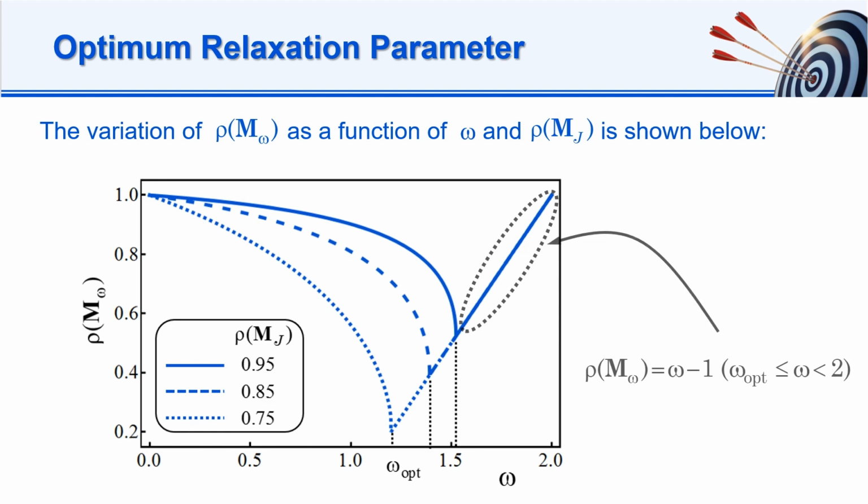Beyond a certain point, the spectral radius starts to increase again, meaning that the method is no longer improving convergence and may even become unstable. When the spectral radius of the Jacobi iteration matrix approaches 0, the spectral radius of the SOR iteration matrix also approaches 0, meaning that the convergence property of the system improves further.